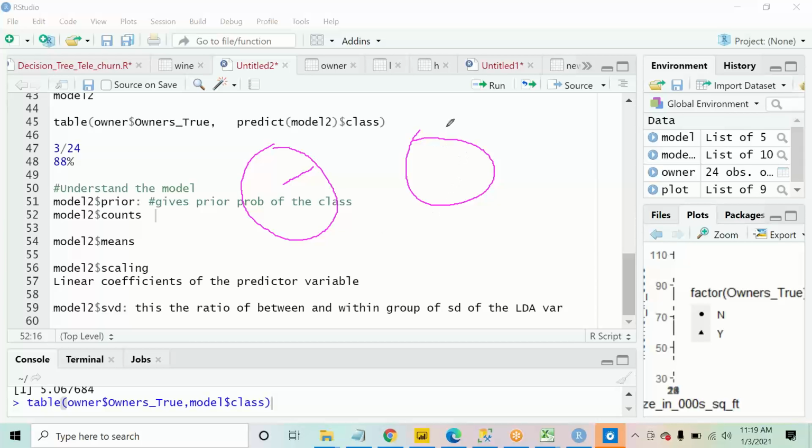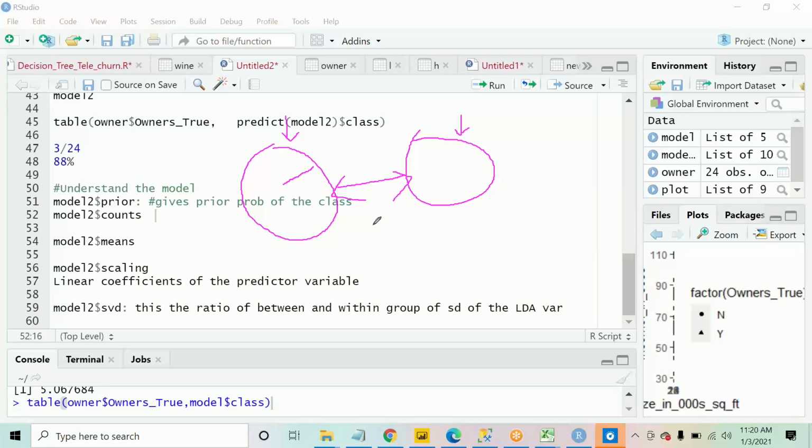And then there will be a variance of the other variable that we will be having. So it calculates the variance of these two groups and the variance between the two groups, right? This is how the variance is calculated, and it takes a ratio of that. So it is the ratio of those two variances.